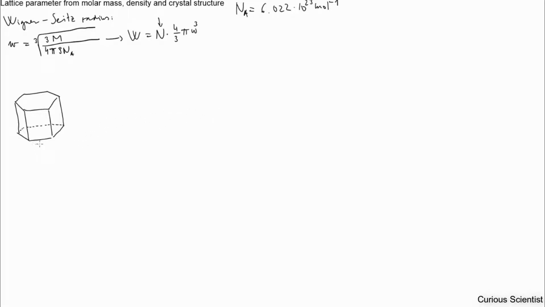First I show you that this is the lattice parameter, or the base edge basically, and then we have another thing, which is the height of the prism. So this was basically the base edge.